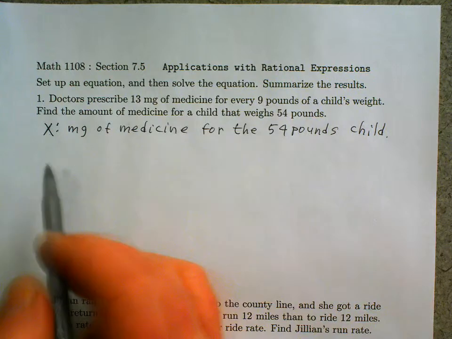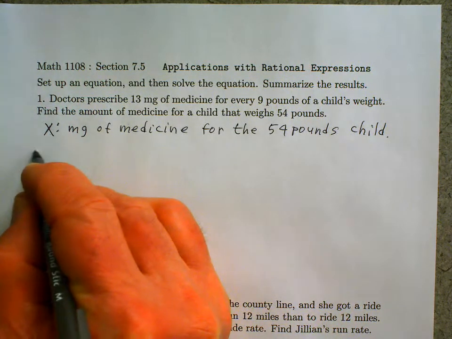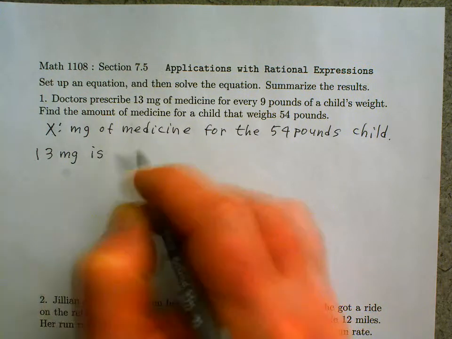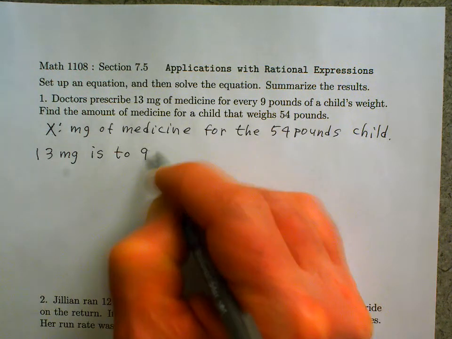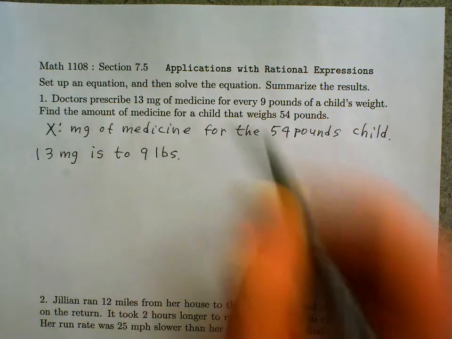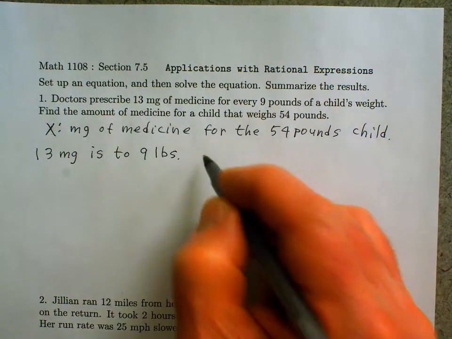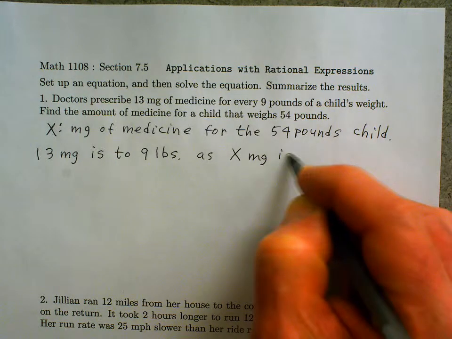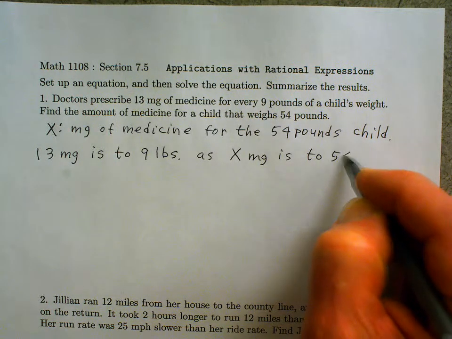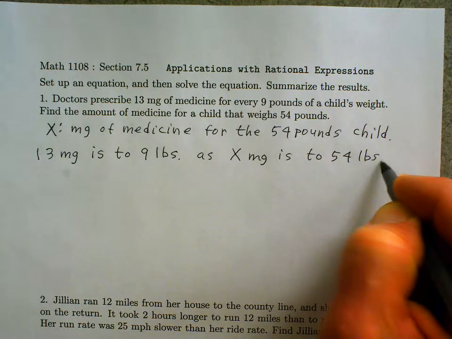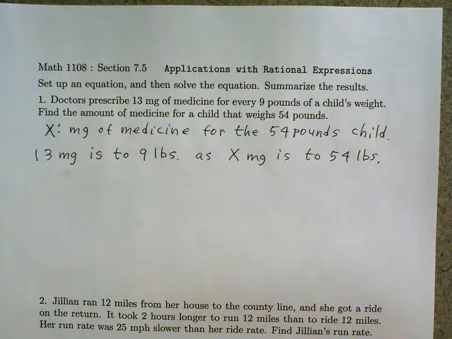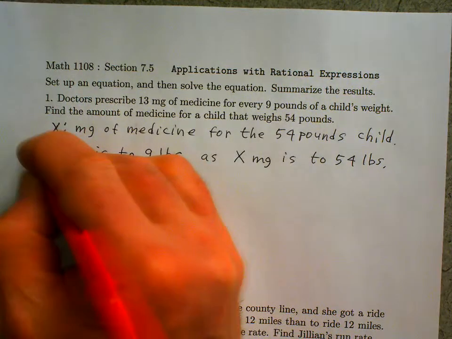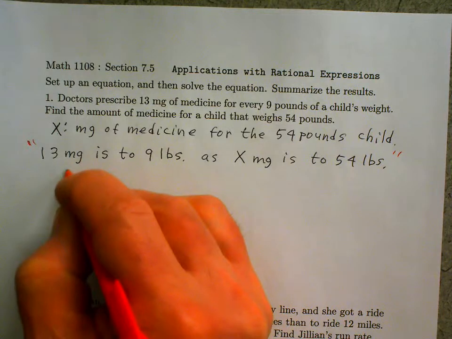We can write the proportion in words. 13 milligrams is to 9 pounds as X milligrams is to 54 pounds. So as I was saying, this is an example of a proportion.